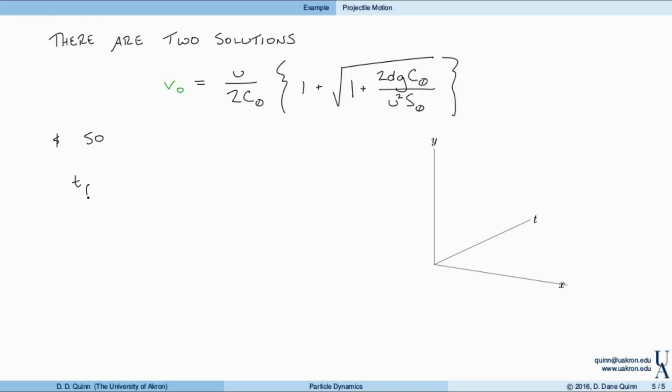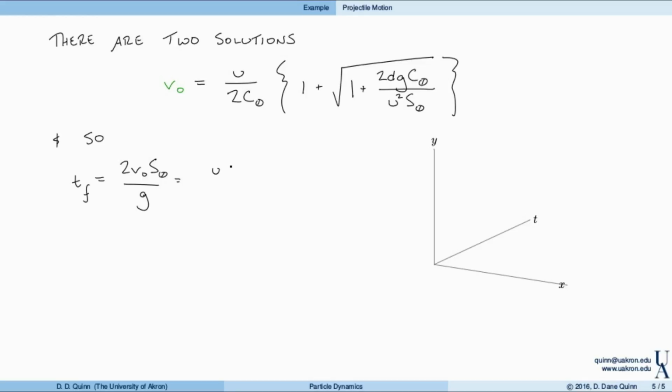The final time we found was equal to 2 v0 sine of theta divided by g. So really taking this expression for v0, putting it into here, we can write this, and notice that the 2's will cancel out here. We actually have a sine theta divided by cosine of theta, so that's going to be tangent.